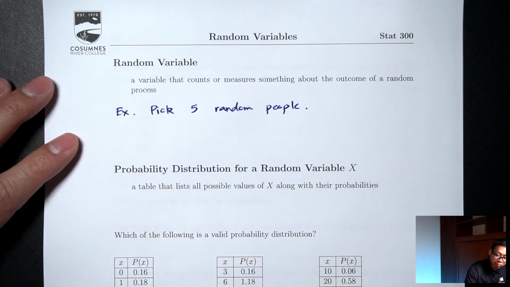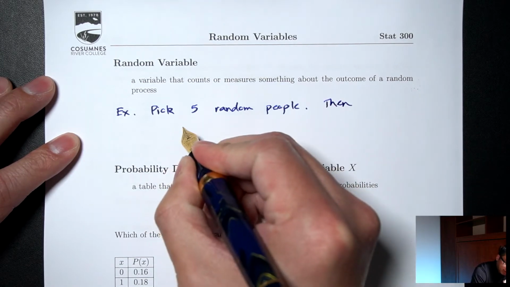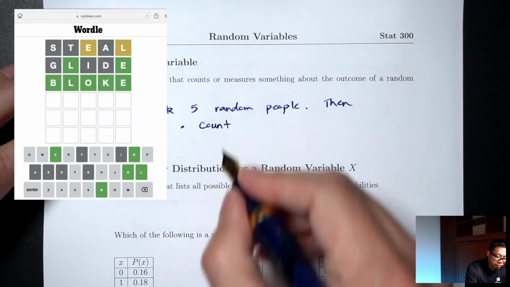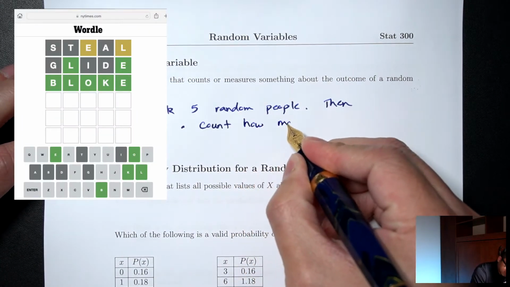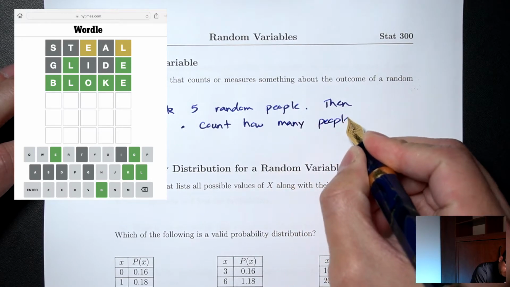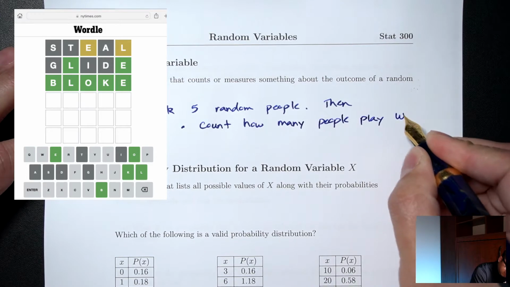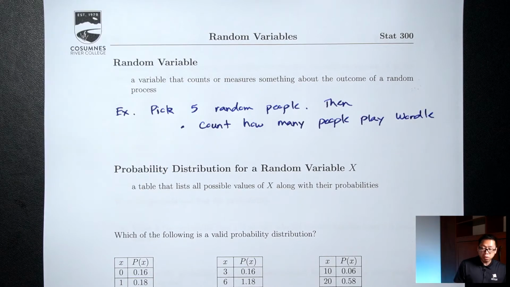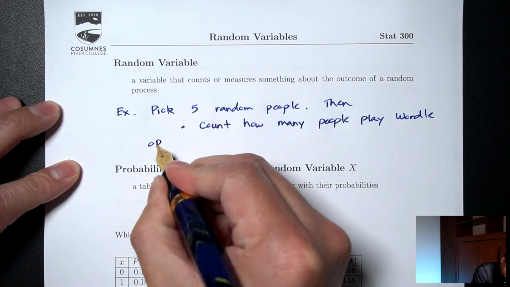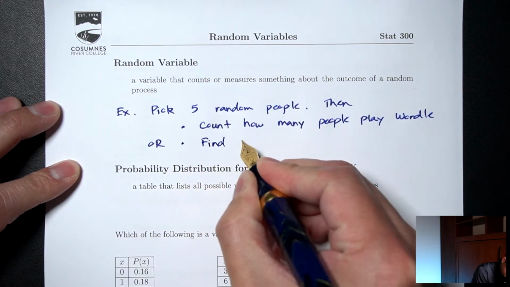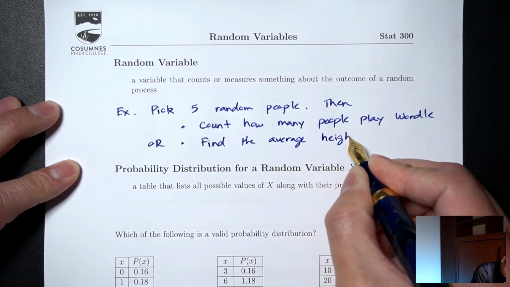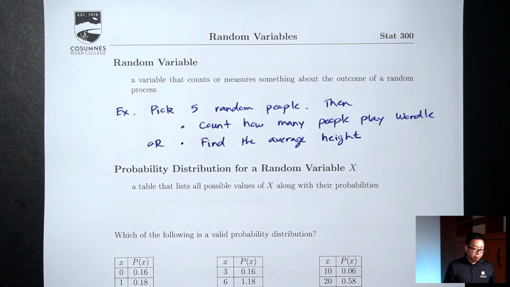So say I pick 5 random people, and then I count how many people play Wordle. So then I do end up with a number. Or I can also measure people's heights and then find the average height. And I'll also end up with a number.